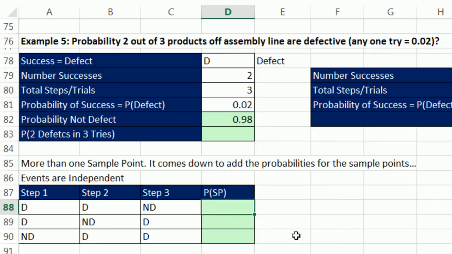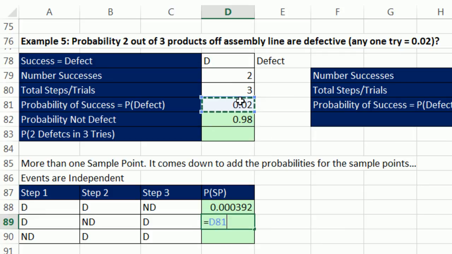Now again, we did our conditional probability sample points up above. That was a lot harder than this is going to be, because here we simply say equals the probability, and since they're independent, we take the probability times this 0.98. That's for the D, not D. Now again, these are all going to be the same, but I'm emphasizing how these sample points are constructed.